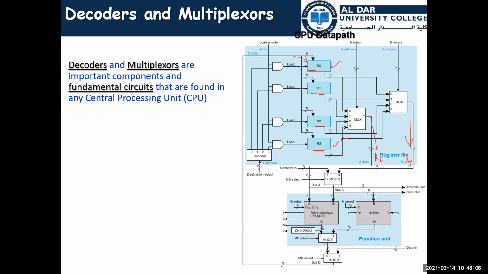Now we have R0 here and R3 here. Because of the multiplexers, we select which register we want to work with. According to which register we want to work with, we are using multiplexers to select.